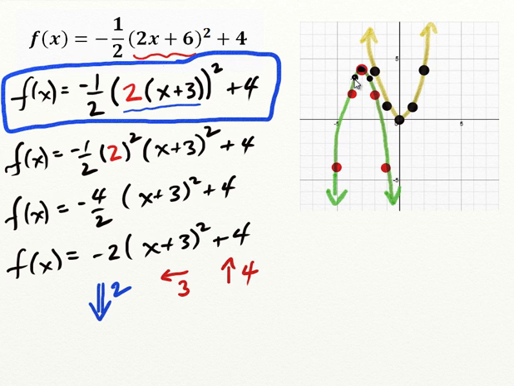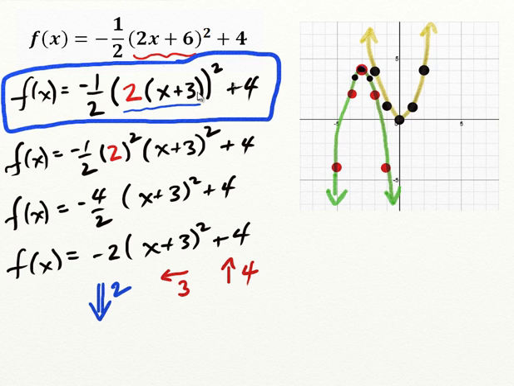So from there, in the parent function, the normal stepping pattern would have been over 1, down 3. Okay, but it's not. We have a horizontal compression. So instead of over 1, I'm only allowed to go over 1/2. Normally I would go then down 3.